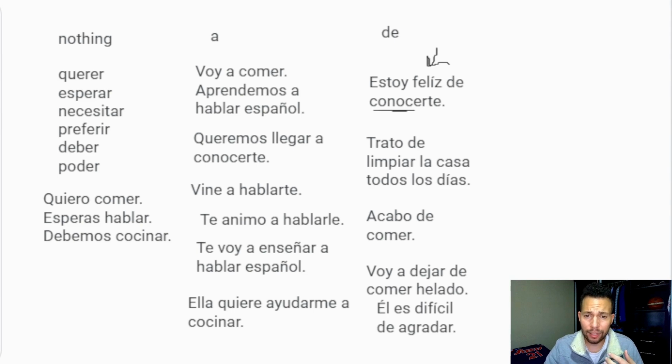And the same thing down here, él es difícil de agradar. We have our infinitive verb, agradar. He is hard to please. And we're attaching agradar to difícil, which is also an adjective. So that could be something to keep in mind, right? When we're attaching an infinitive verb to an adjective.